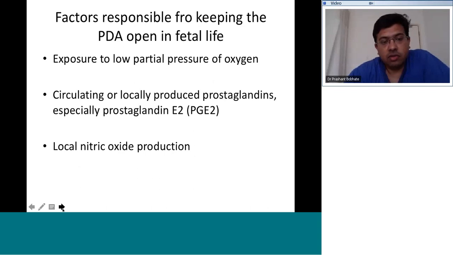In the preterm fetus, less than 28 weeks, the PDA is less sensitive to oxygen and more sensitive to vasodilators such as prostaglandin and nitric oxide. As the gestational age increases, the sensitivity of the PDA to close in the presence of high partial pressure of oxygen becomes high.